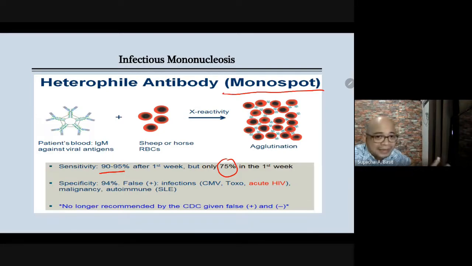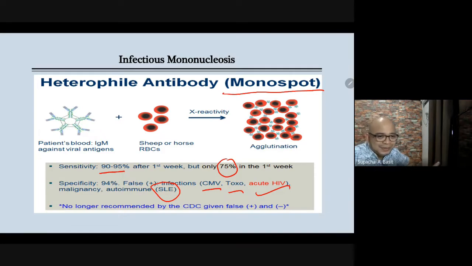So you need to wait a week to decrease the chances of a false negative result. The specificity of the Monospot test for infectious mononucleosis is 94%. However, false positives may also be seen in cytomegalovirus, Toxoplasma gondii infection, acute HIV, malignancy, and SLE or systemic lupus erythematosus.